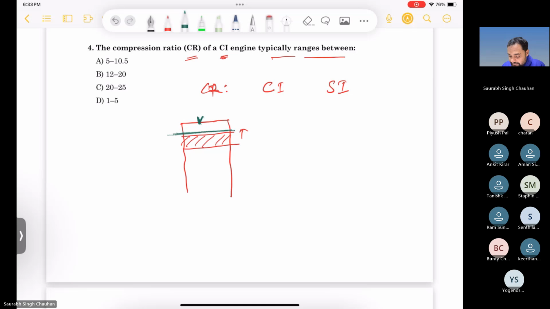For example, in compression ignition engines, you need to put one injector, right? There are some valves, okay. Valves need to move up and down, right? So some space should be there. You cannot make this volume zero, right? So there will be some gap, okay. So this is the highest limit. You cannot go up more than this, okay.